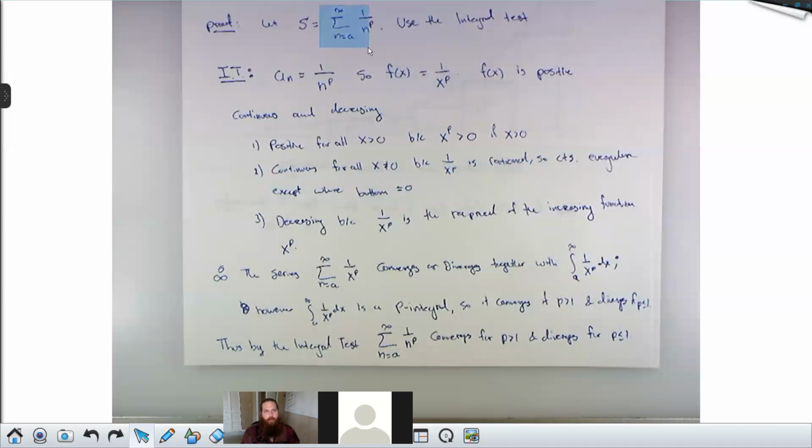My sum is going to run from like 1 to infinity or 2 to infinity, something like that. So the values of x that I'm considering here are the same as the values of n that I'm considering here. And the values of n that I'm considering here are all positive, all bigger than 0. So 0 is not in the range of summation. So this function is continuous everywhere I care about.